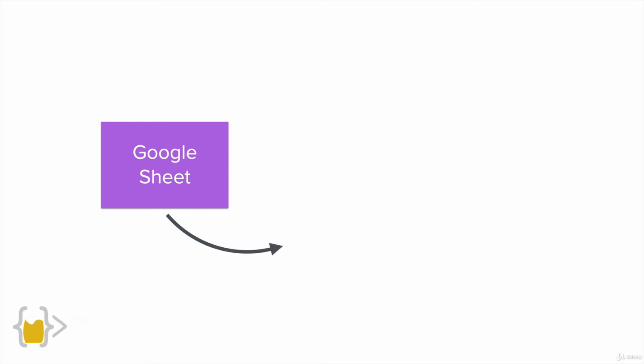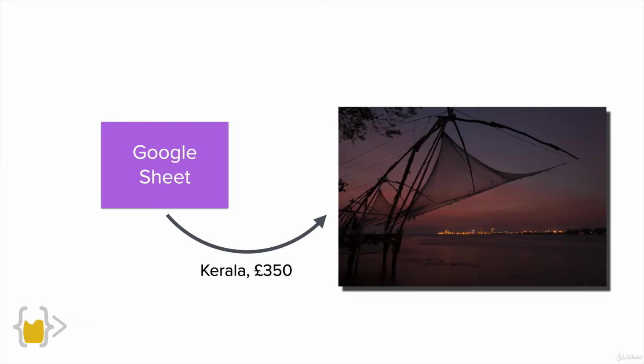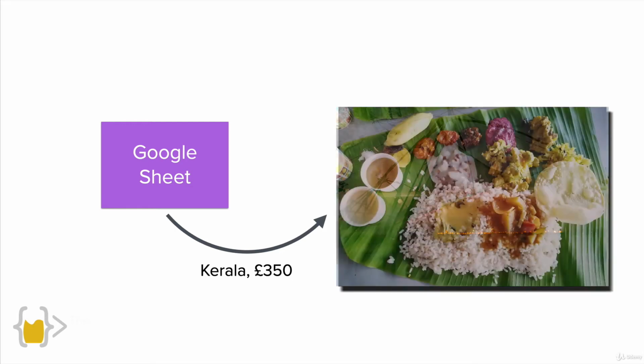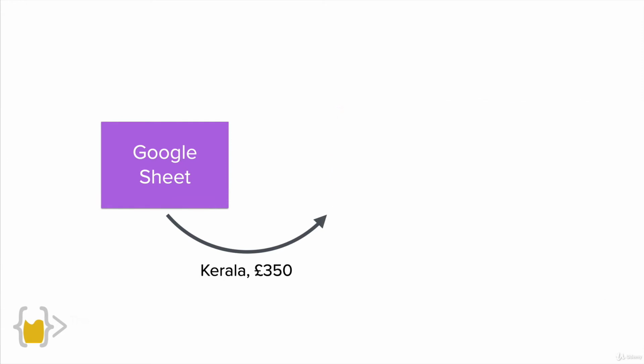First, we have a Google Sheet which keeps track of the locations that we want to visit and a price cutoff. So a historical low price. For example, maybe I want to go to Kerala and visit Cochin and eat some tasty South Indian food. Well, maybe I would set the price at £350 return from London.